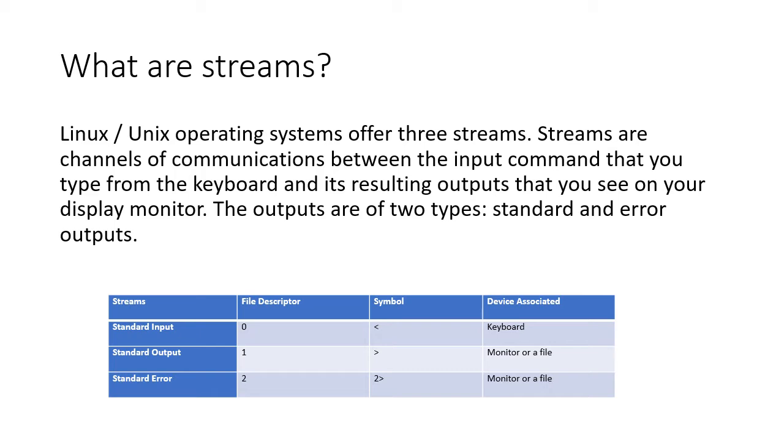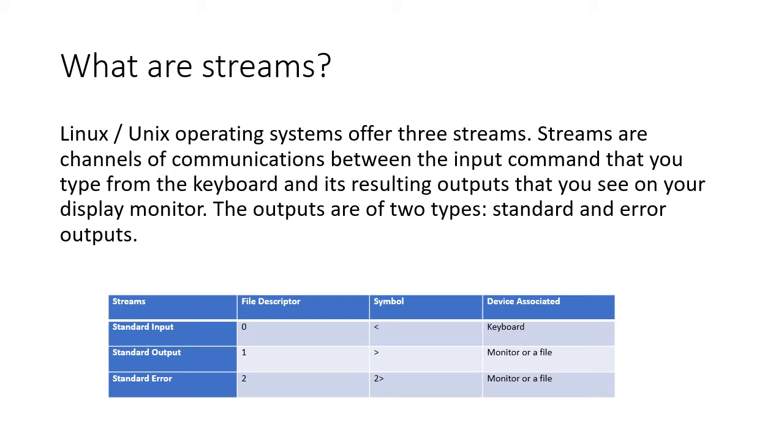The operating system assigns each stream a file descriptor that you see in the following table. Note, a file descriptor is a handle or a number that is assigned by the operating system. As we see, there are three kinds of streams: standard input, standard output, standard error.